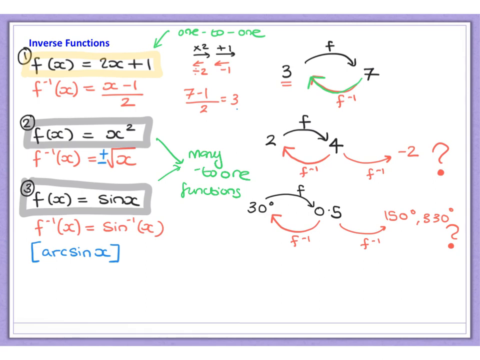So, for instance, 2 and negative 2 both map to an output of 4, for example 2. And in example 3, both 30 degrees and 150 degrees both map to an output of 0.5. So, defining an inverse function for a one-to-one function is easy.